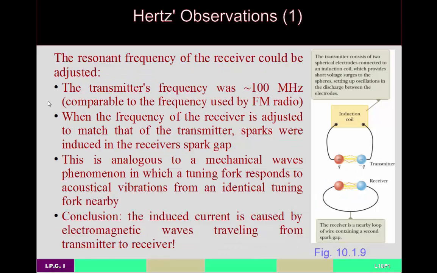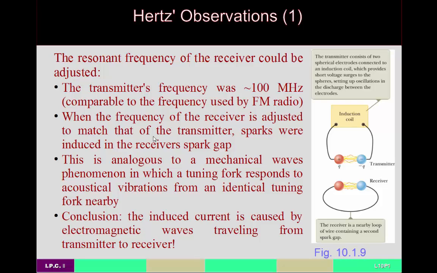The way you adjust the resonance frequency is by changing the capacitance of the capacitor or the inductance of the inductor. It's usually easier to change the capacitance, just like what you do in tuning a radio today.